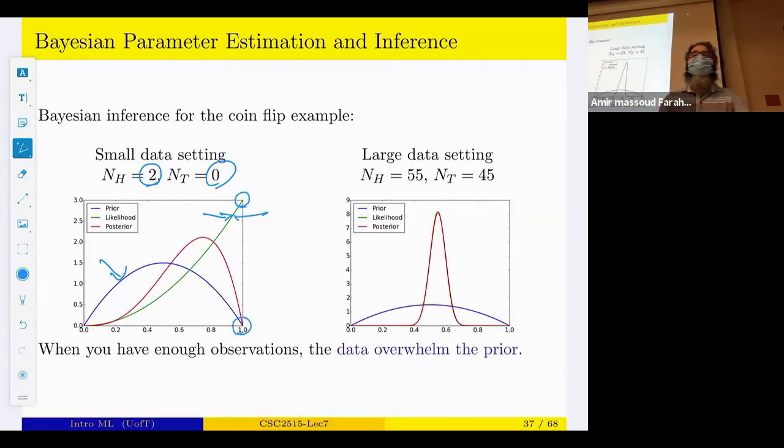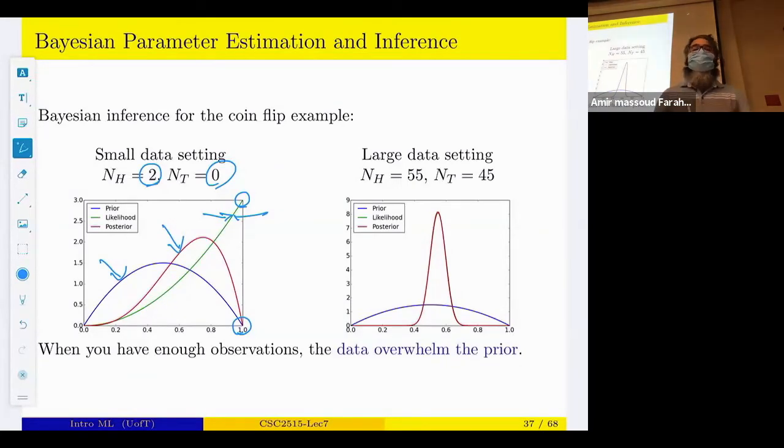The maximum likelihood estimate would say that theta should be equal to 1, because that's the maximizer of the likelihood. But in Bayesian inference, we multiply the likelihood by the prior. The multiplication looks like this red curve, and that would be our posterior.